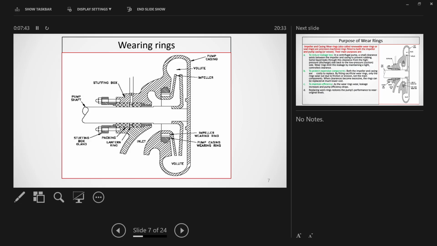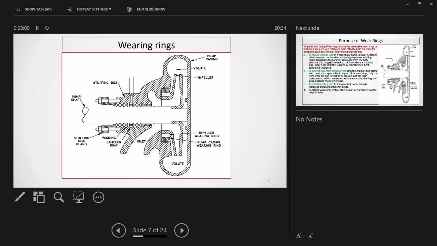So what we are going to do is use the wearing ring, both on the casing as well as the impeller, and maintain very close clearances, so that from the discharge side only a very small quantity of water passes through this annular space and goes to the suction, or may be discharged to the stuffing box, or through a hole it may come to the suction again.